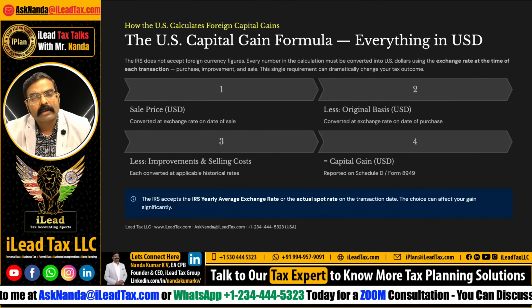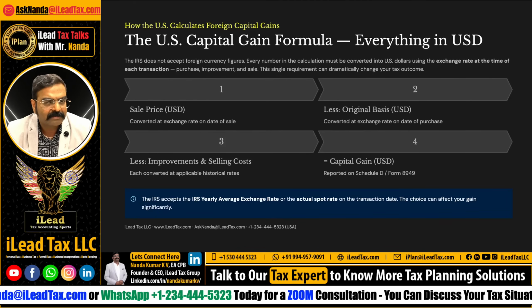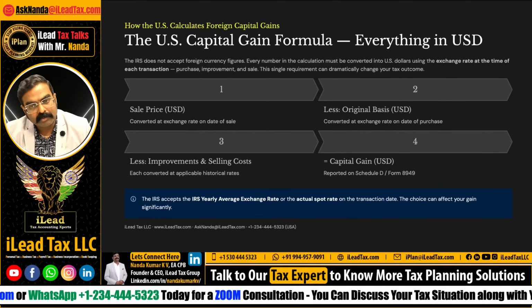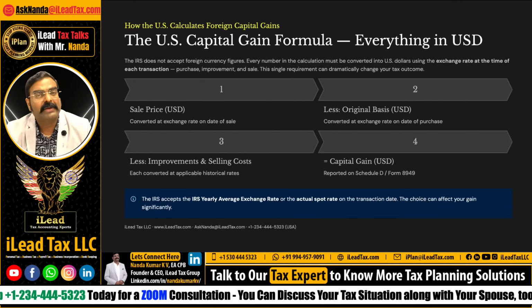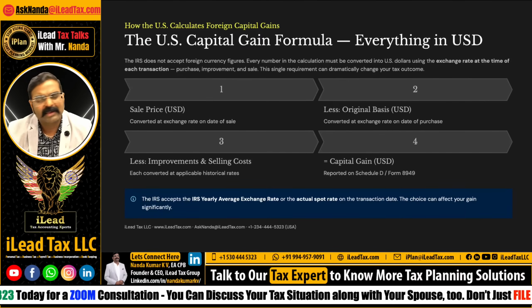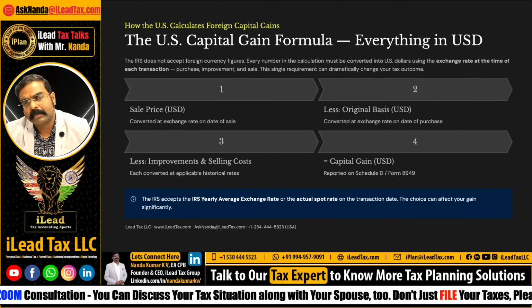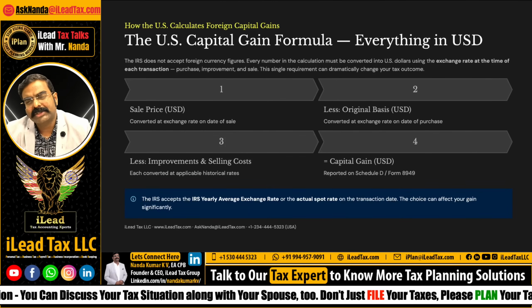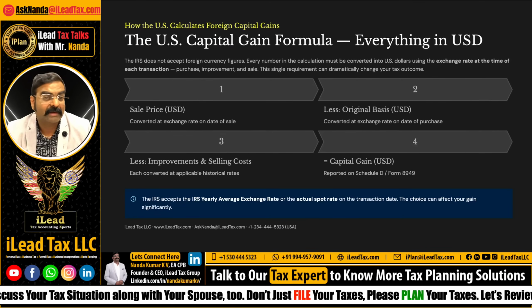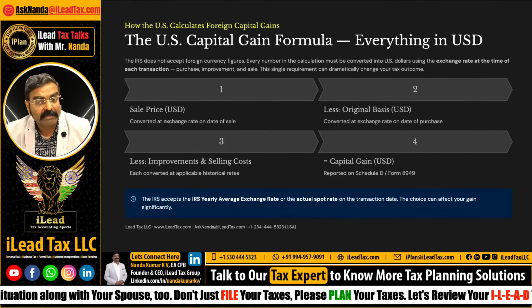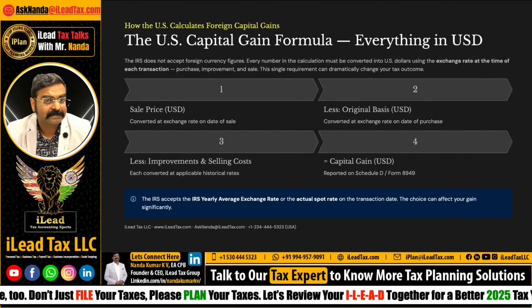So step 1, take the sale price in foreign currency. Convert it to USD using the exchange rate on the date of sale. That gives you your USD proceeds. Now, step 2, take your original purchase price in foreign currency, convert it to USD using the exchange rate on the date of purchase.